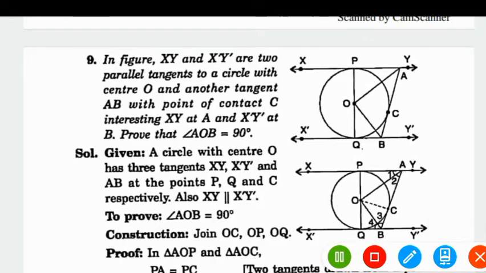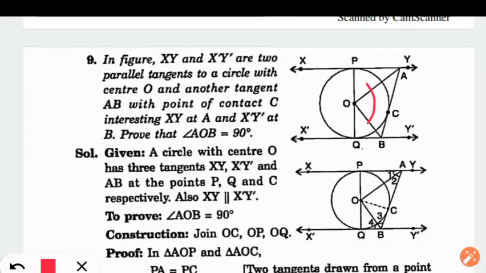What are we required to prove? We are required to prove that angle AOB is 90 degrees.